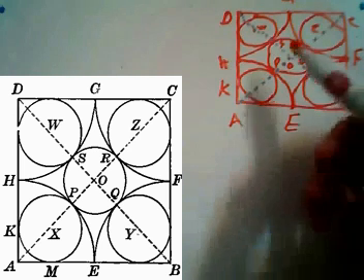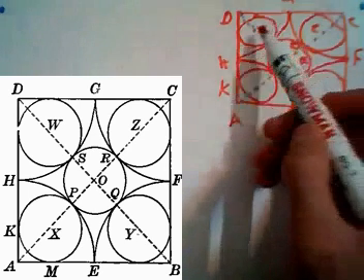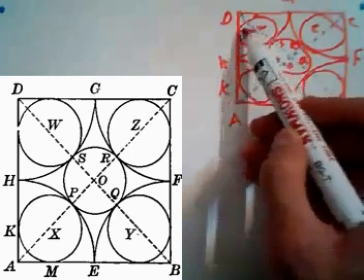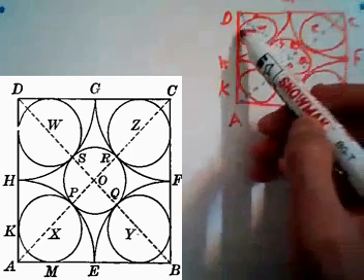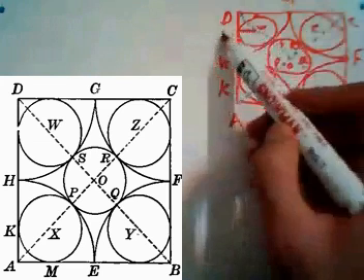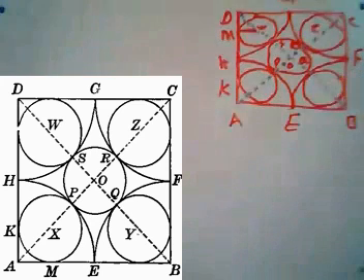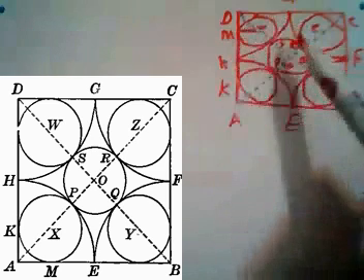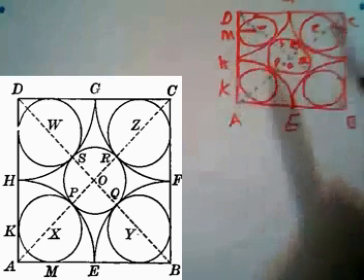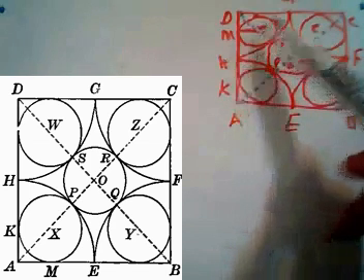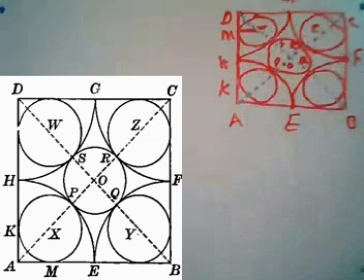Now, let's join this point W to the tangent point, the point of tangency, and let's call it N. Here we suppose that this is the true drawing, and we do some investigation to find the features of it.